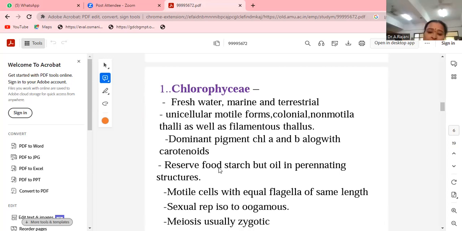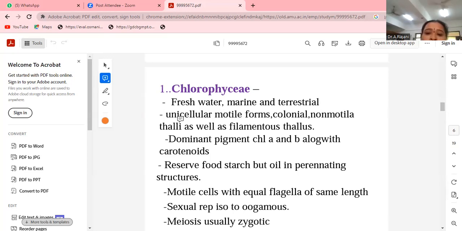The first one, what type of pigment? A green color pigment is there. First character, freshwater algae. Here, Chlorophyceae dominate in freshwater. Marine and terrestrial forms are there, but it is very dominant in freshwater. 80% of algae are found in freshwater, and the remaining percentage is marine and terrestrial.